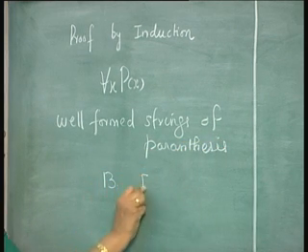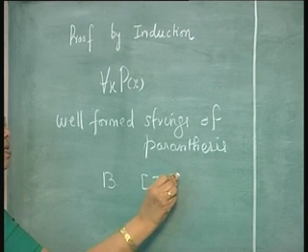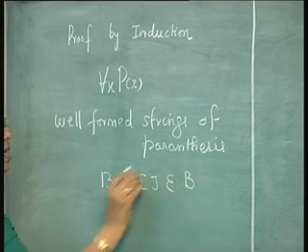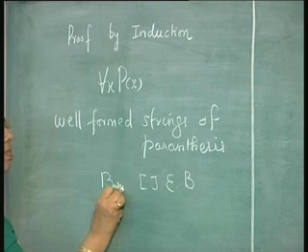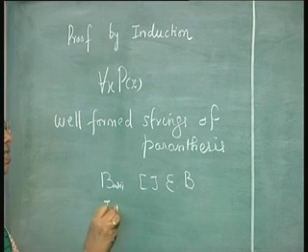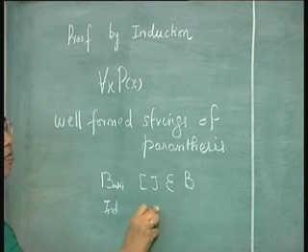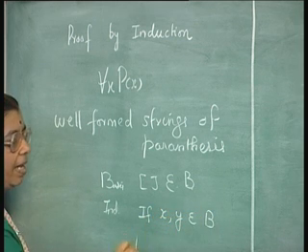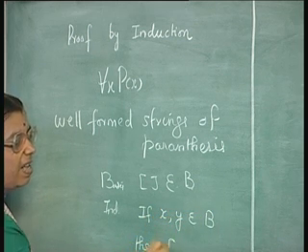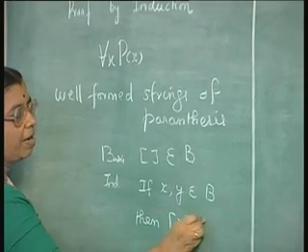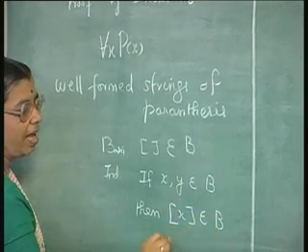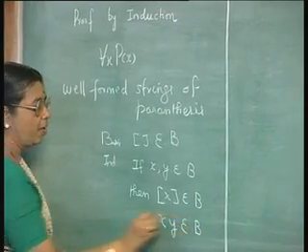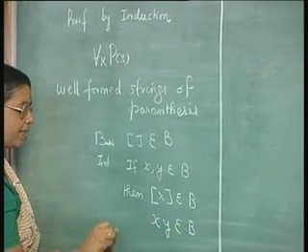Basis class: () belongs to B, if you call the set B. And the induction class is: if x, y belong to B, then (x) belongs to B and also xy belongs to B, and then you have to mention the extremal class.